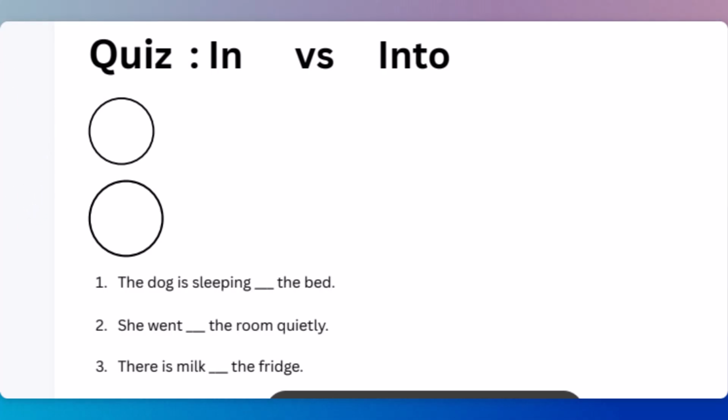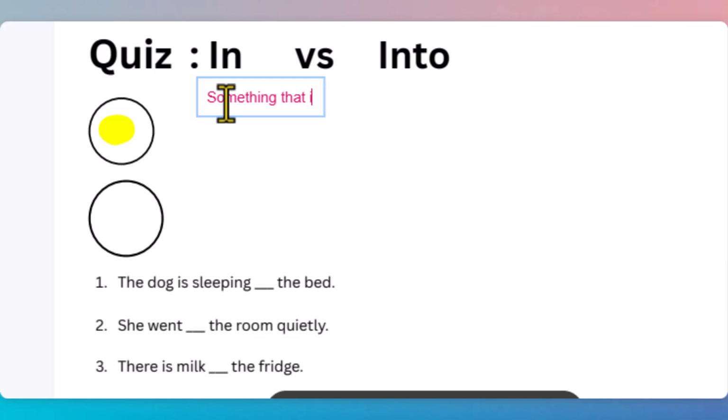Now, when we are talking about in, we are talking about something that is already inside a place or space.